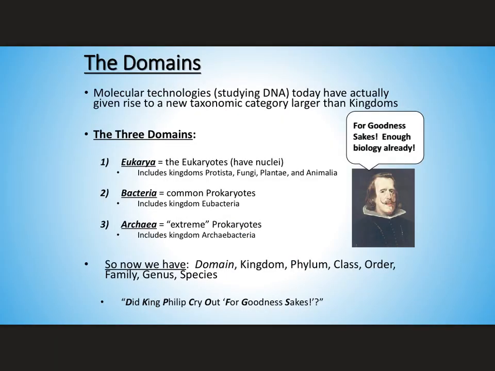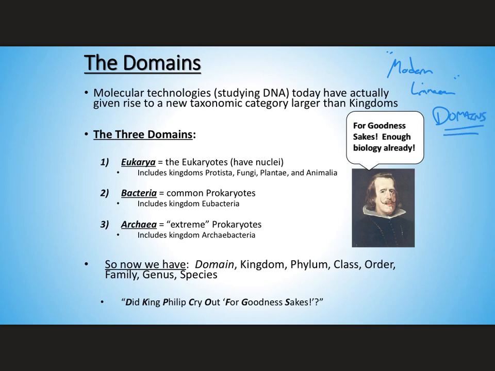Now, molecular technology, so basically an understanding of DNA, has allowed us in, again, the 1990s, so it's been a while, to expand even beyond kingdoms. So today, in the modern Linnaean system, we actually have domains, which are larger than the kingdom level.